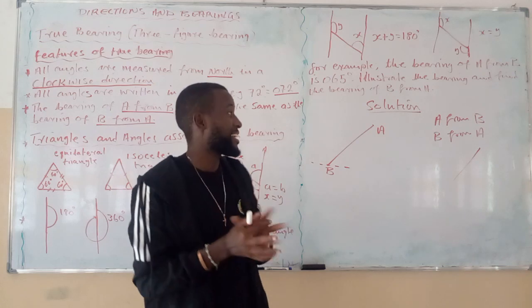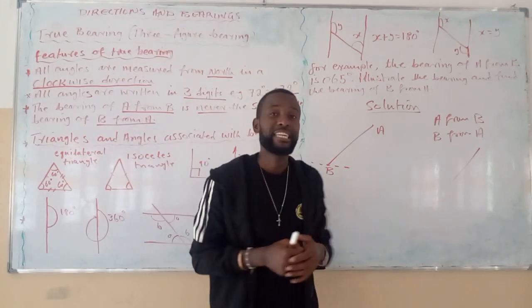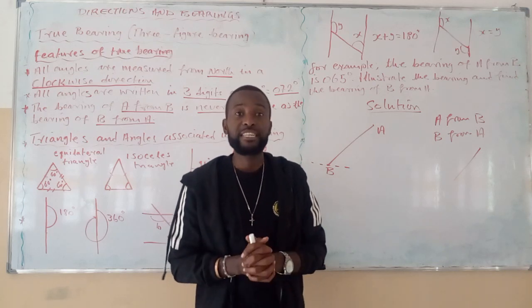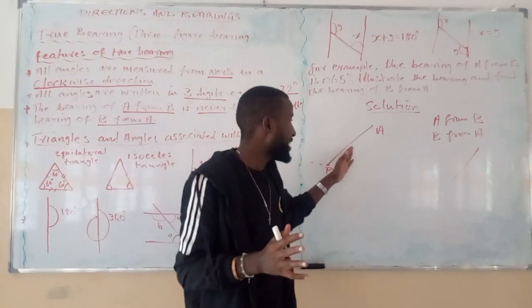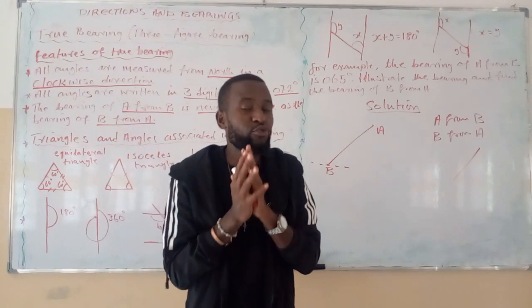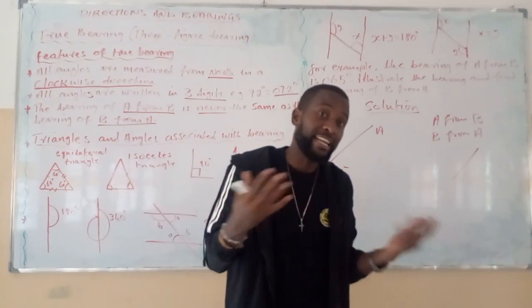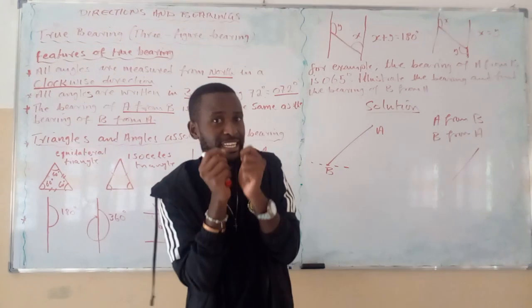It's very interesting. They give you one line and they say A and B. So how can one line be A and B? No, that's not the truth. This line is either A, but it's not B. Meaning you have to come up with the B line or you have to come up with the A line. Okay, that is the secret here.